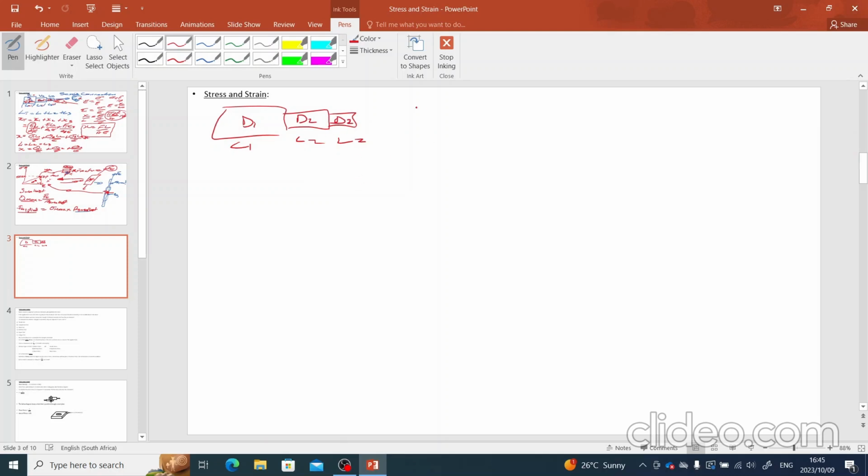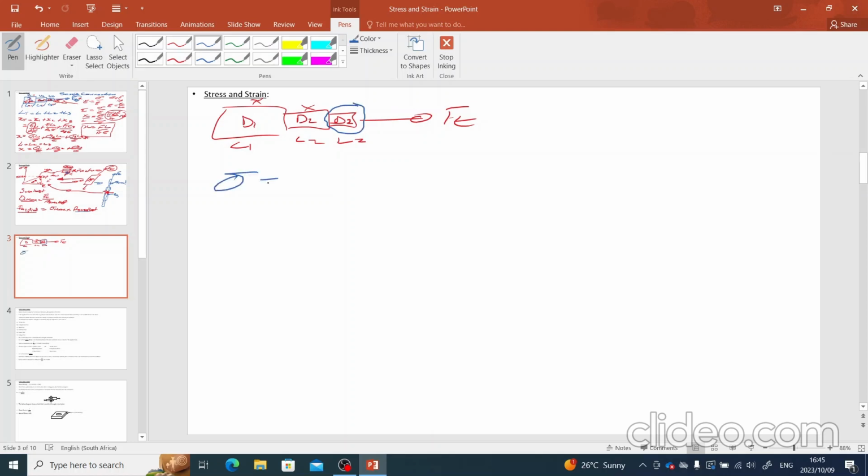In calculating the total force, you will calculate from D3 because it is the smallest area compared to the other compartments. This one is the smallest area, which means the maximum stress will be calculated from unit 3.